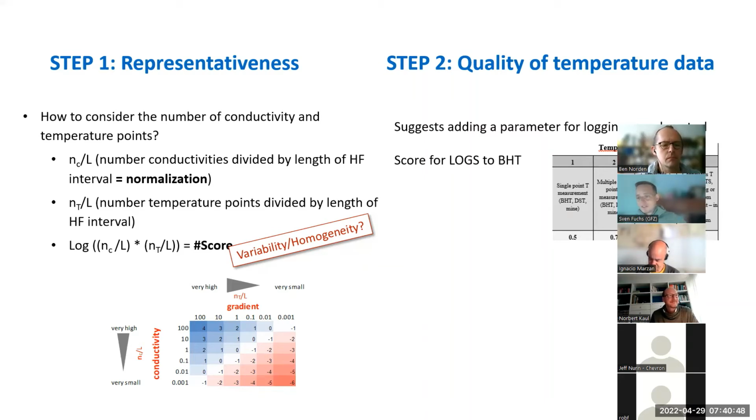Okay, what I think is that what is not considered here are two aspects.